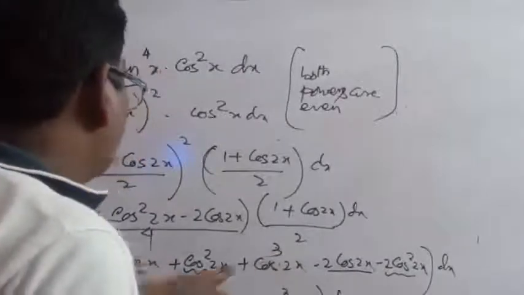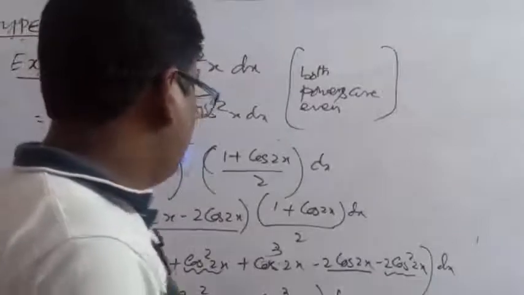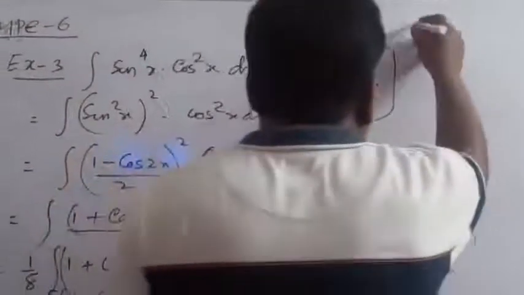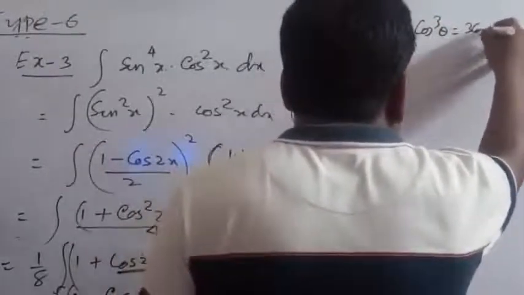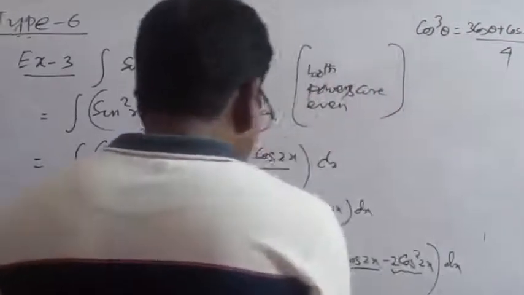Now cos cube 2x is also a multiple angle formula, the cos cube theta formula. What is cos cube theta? Cos cube theta is equal to (3 cos theta plus cos 3 theta) divided by 4. Use this formula for cos cube.